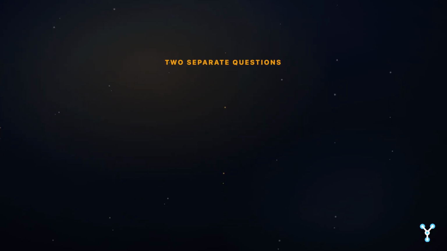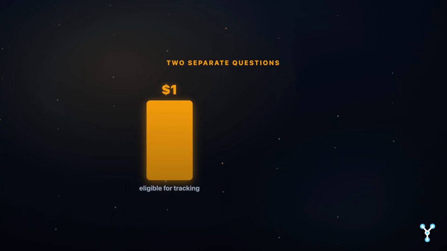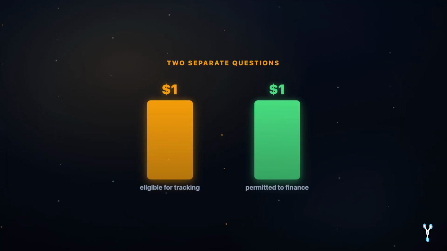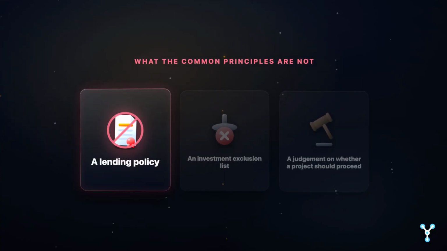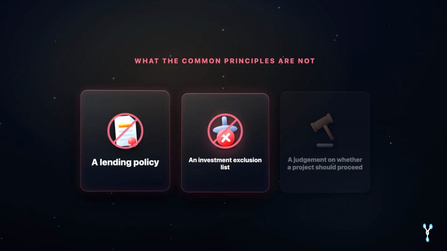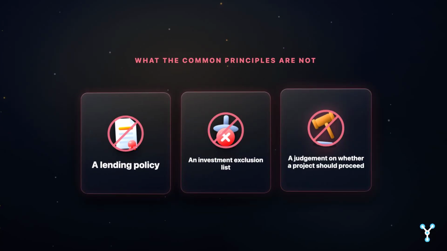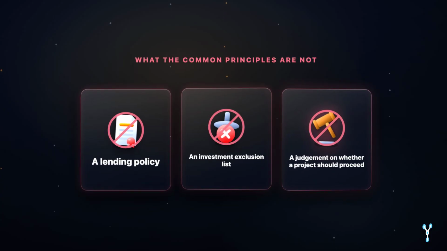Finally, one boundary that prevents a serious misreading of everything above. Committing to the common principles, the document says, does not exclude the financing of activities that are not compliant with their criteria. The common principles are a tracking and reporting methodology. They are not a lending policy, an exclusion list for investment, or a judgment about whether a project should proceed.